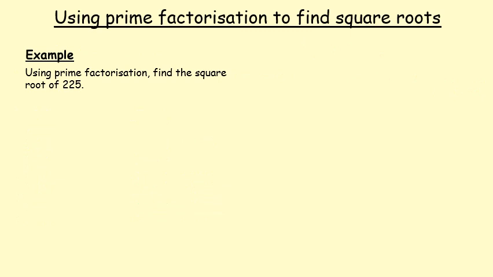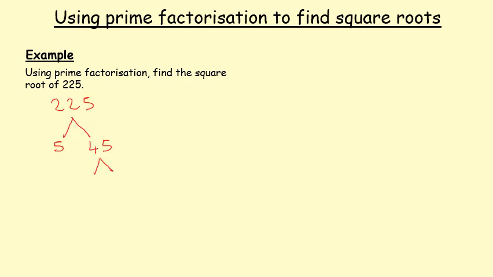So we're going to do an example, and then you're going to have a go yourself. First of all, it says, using prime factorisation, we want to find the square root of 225. So our first step, just as it has been with all of the exercises we've been doing recently, is to break 225 down into a factor tree, and we'll end up with a product of primes at the end.